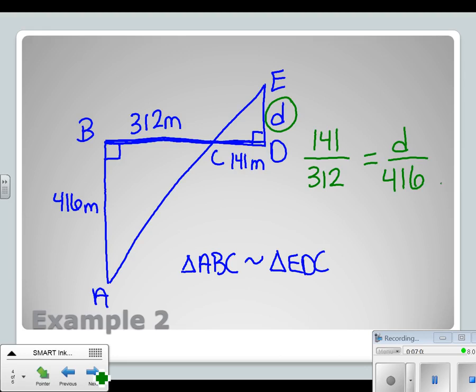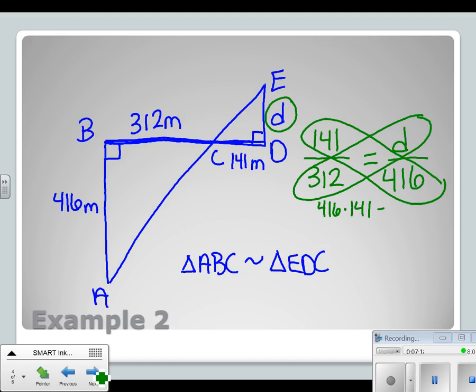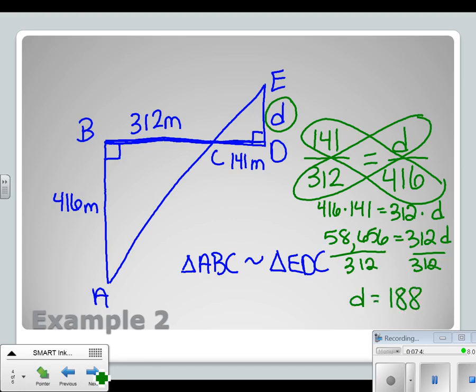And I can cross multiply. 416 times 141 is the same as 312 times D. So you do 416 times 141, you get 58,656, and then you have to divide by 312, and the distance of D is 188 meters.